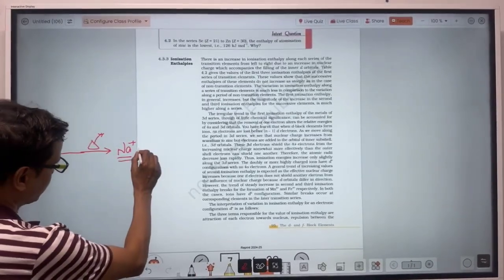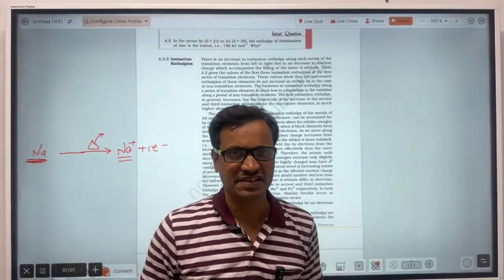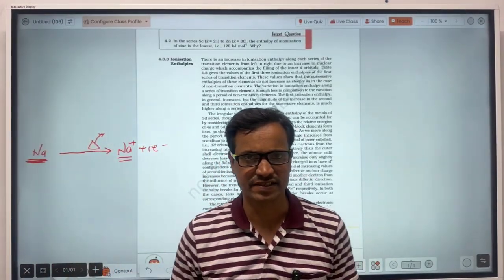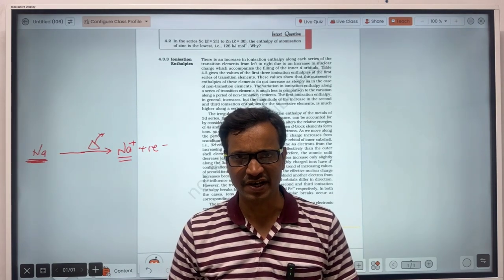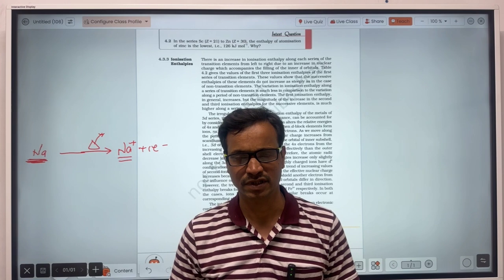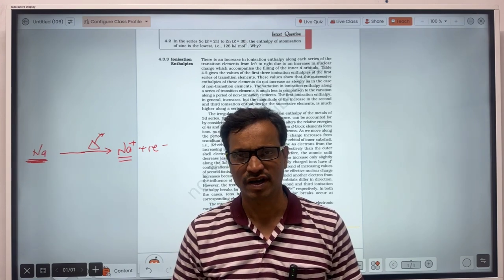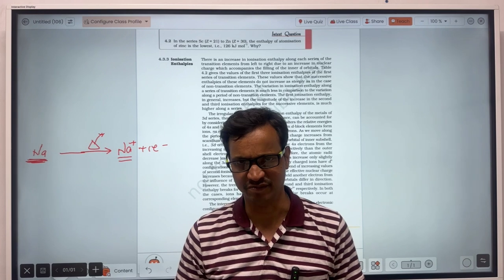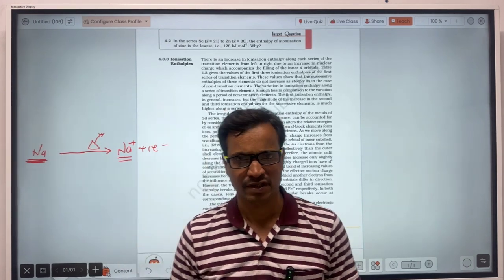That will be called ionization enthalpy. So ionization enthalpy is the amount of energy required to release the most loosely bonded electron from an isolated gaseous atom.